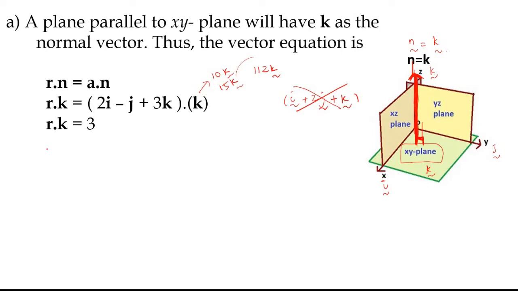Okay, kalau awak nak jadikan dia Cartesian, you can get x, y kosong, Z lah. Z equal to 3. Okay. Awak akan dapat ini. Dia punya Cartesian equation. Sebab i dengan j tak ada nilai kat situ. So you got Z tu lah kat sini.